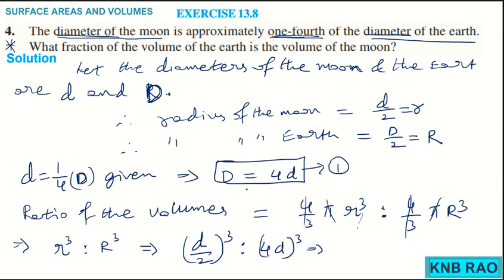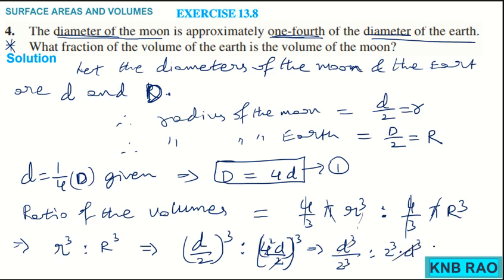I have substituted 4d instead of capital D. Capital D by 2 is 4 small d by 2. Now here 2 cancels inside this bracket. That means d cube by 2 cube is to 2 cube into d cube. So d cube cancels here.